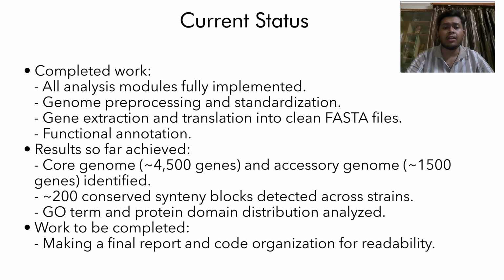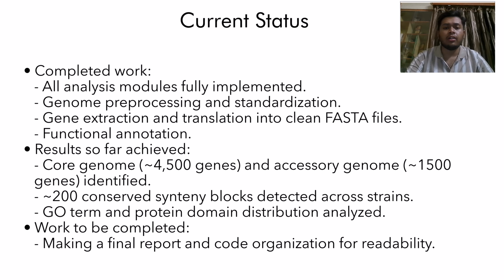We have also analyzed GO terms and protein domain distributions, finding that core genes are enriched for essential cellular functions. Specifically, we observed a significant enrichment of GO terms related to translation, transcription, DNA replication, cell cycle control, and central metabolic pathways in the core genome.